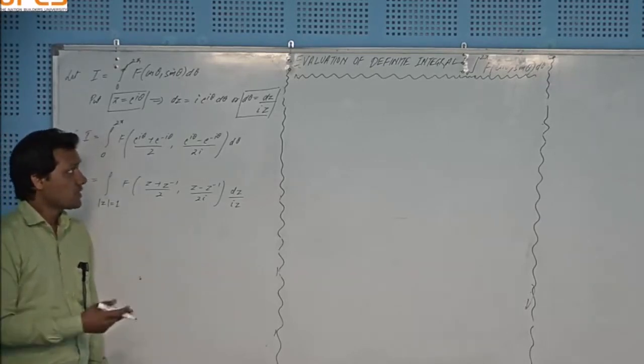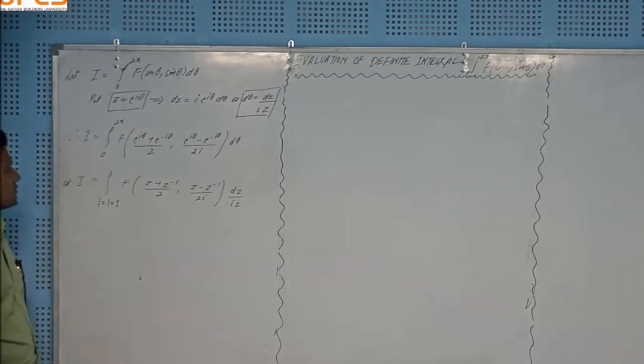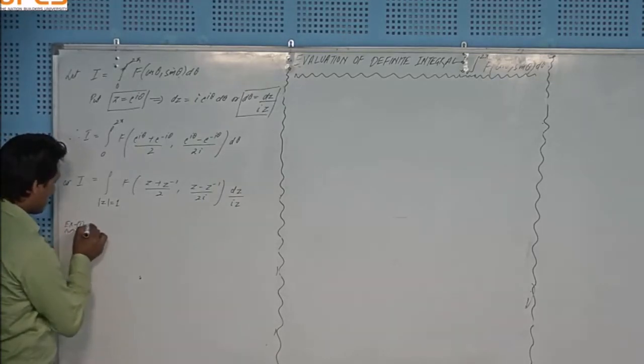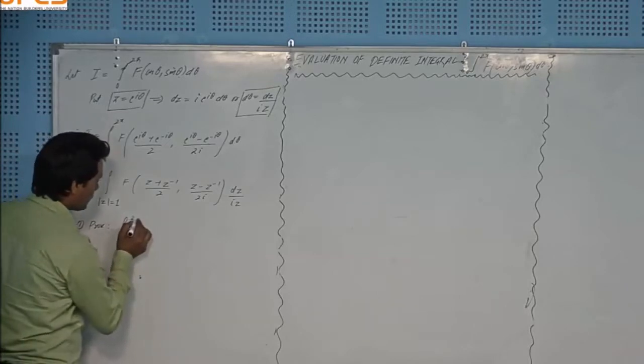Okay, so I will start with the examples. You have to remember this thing, this convergence. Taking example number 1, prove that the integral from 0 to 2π.